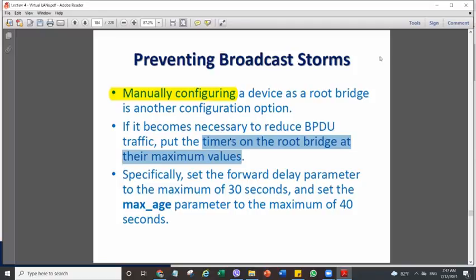First thing is setting the timer on the root bridge at the maximum level. Once you set the timer, it generates BPDUs, maybe every 1 second or every 2 seconds. So depending on the requirement, you pick the appropriate timer for the particular environment.